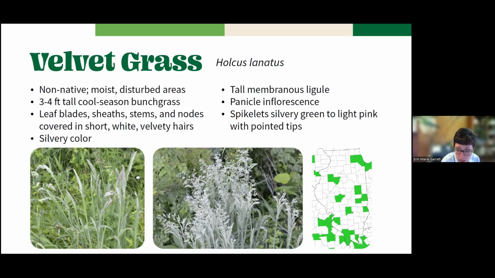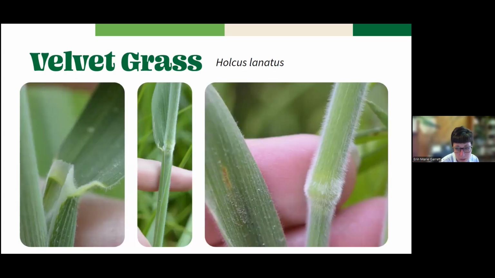It's a cool season bunch grass under 4 feet tall, and nearly everything, the leaf blades, the leaf sheaths, even the stems and the nodes, are covered in short white velvety hairs. Obviously, we can see that silver color. It's going to have a tall membranous ligule, panicle inflorescence, and those silvery to light pink spikelets, kind of scattered throughout Illinois.